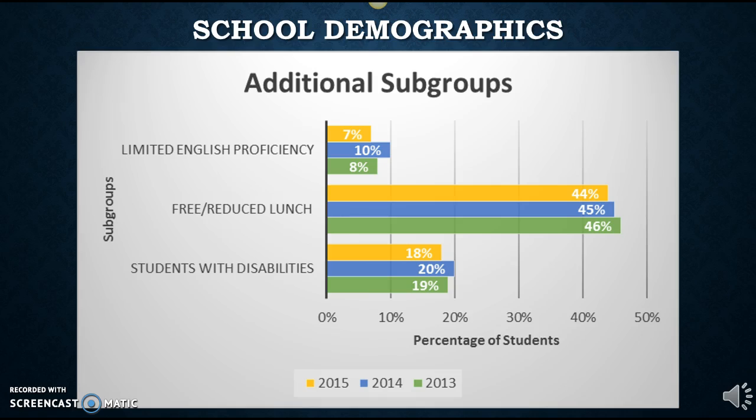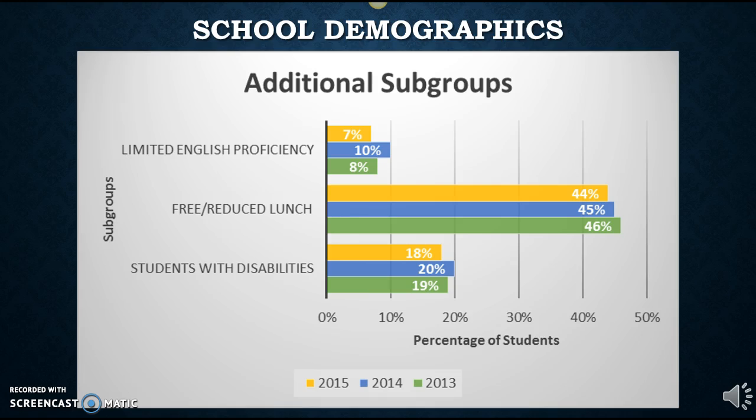Here is a graph that shows the additional subgroups we have at Big Shanty Intermediate. We have limited English proficiency, free reduced lunch, and students with disabilities. You can tell by looking at the free and reduced lunch category on the chart that we have a pretty large population that uses this program, but actually we do not qualify for Title I funds because we're just under the qualification.